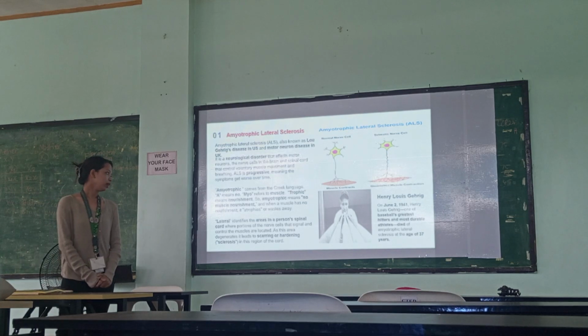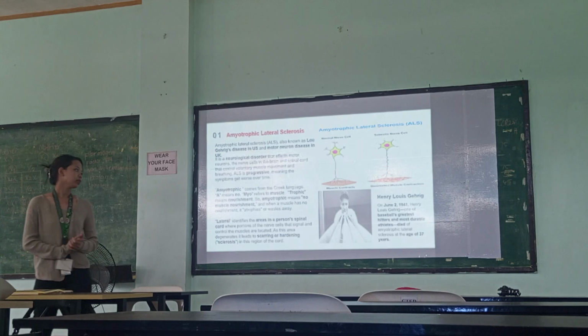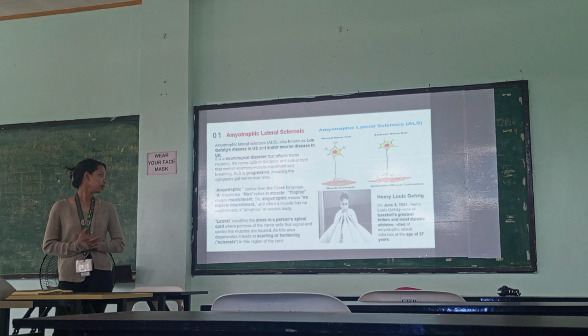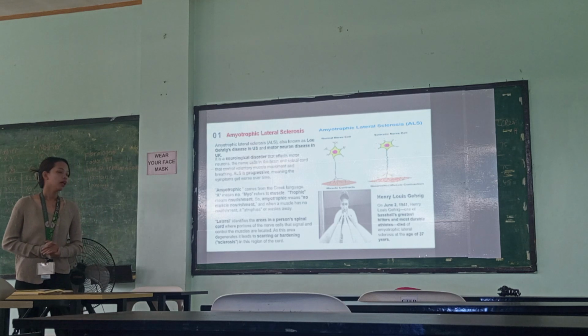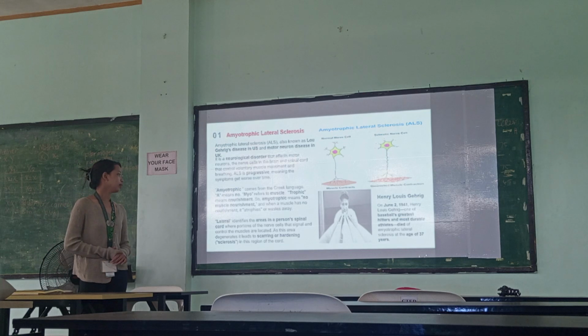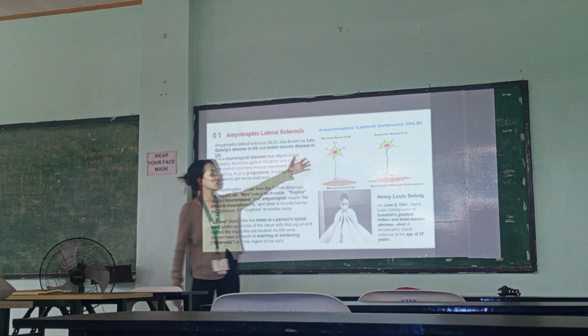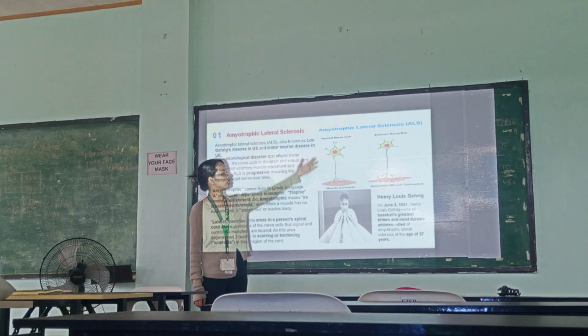So, lateral, it means location. It identifies the areas of a person's spinal cord where portions of the nerve cells that signal and control the muscles are located. As this area degenerates or declines, it leads to scarring or hardening, yun yung sclerosis in this region. So, kung mapapansin nyo sa picture, dito sa left side, ito yung normal nerve cell.